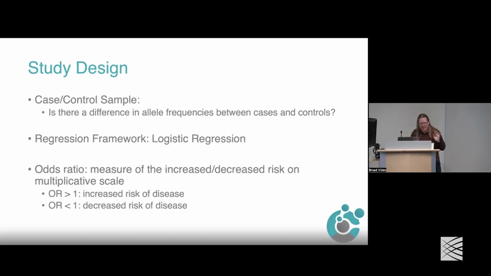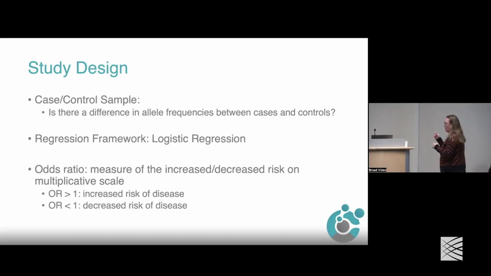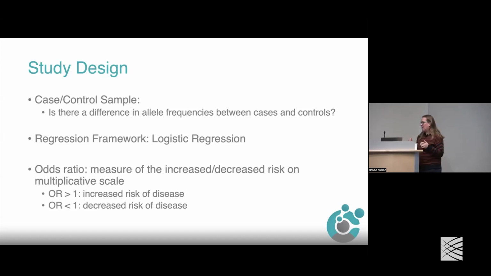Now, if you have a case-control study design or a binary trait, the question becomes whether there are differences in allele frequencies between cases and controls. The previous regression framework is then extended into a logistic regression, where the effect estimate is an odds ratio, which is a measure of the increased or decreased risk of this disease on a multiplicative scale.